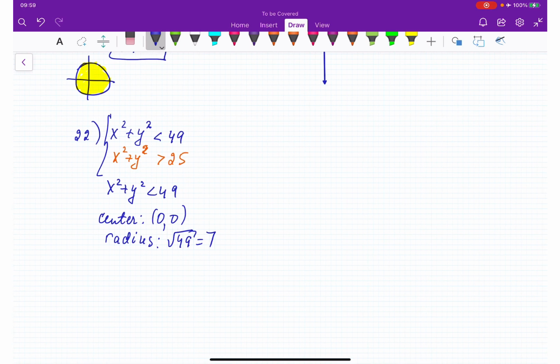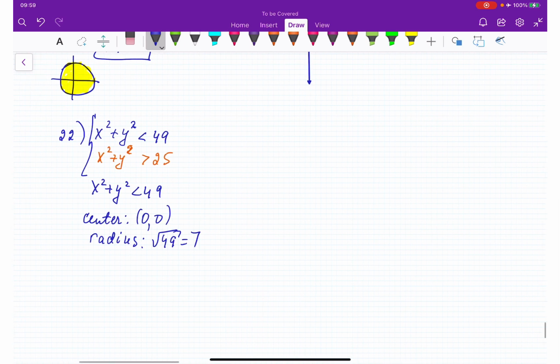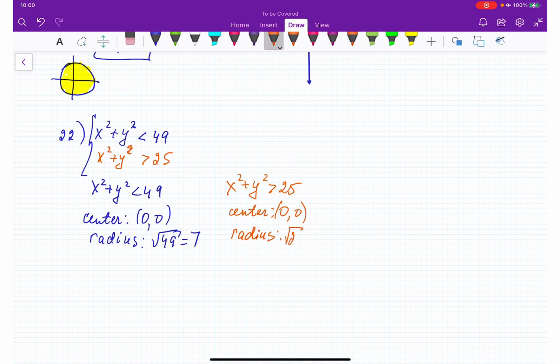Okay, and the other one, we have x squared plus y squared greater than 25. The center is also 0, 0. So one circle is going to be in another circle. And the radius is going to be the square root of 25, which is going to be 5.